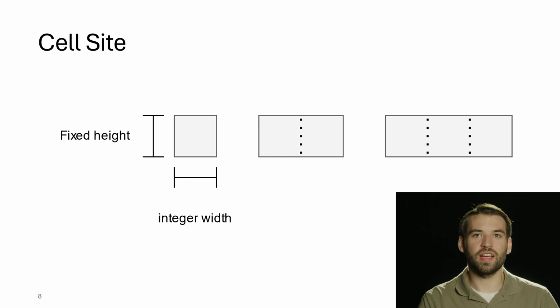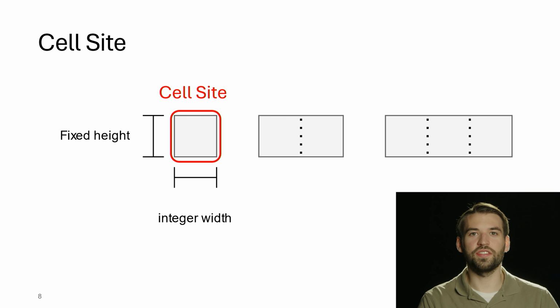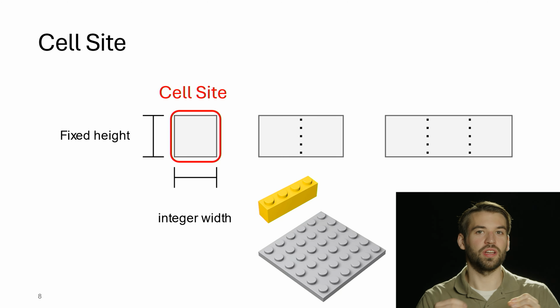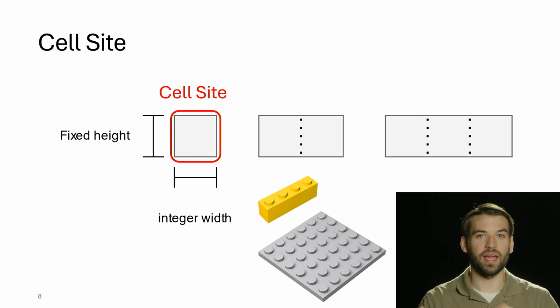We call this fixed height and integer width a cell site. These sites are essentially the minimum granularity that you can place a cell on your chip. Just like in Lego, you could place your brick on the bumps and you can move it around an integer number of those bumps, but you can't place a brick between the bumps. And a very similar idea applies to cells or instances and the cell sites that they get placed on.